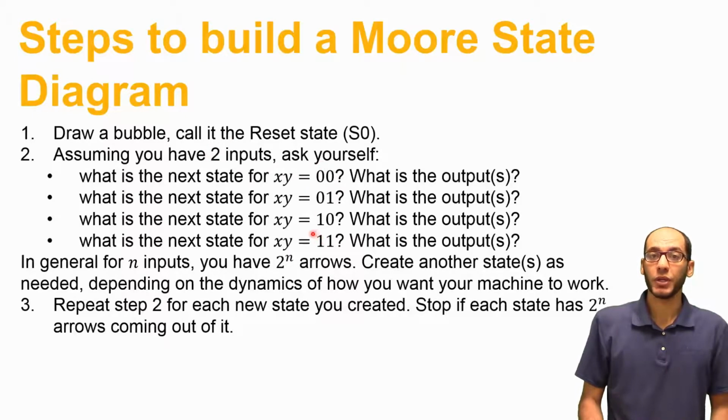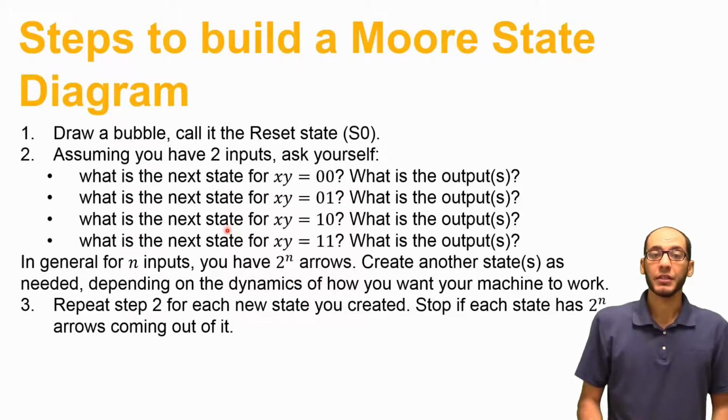If you have 1 input, then you have 2 arrows. So in general, you have 2 to the n arrows coming out of each state. Once you finish these 2 to the n arrows, you proceed with the following state and study it, which means that you need to repeat these steps again.